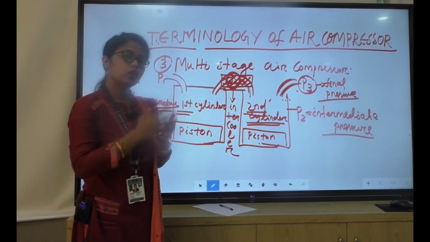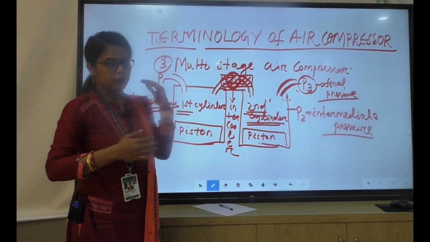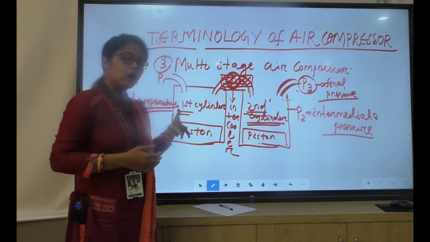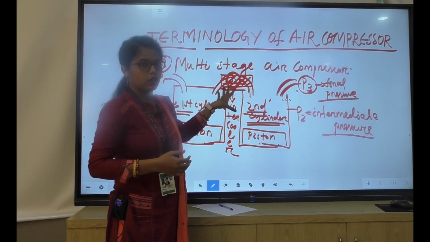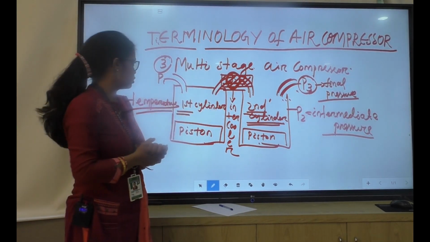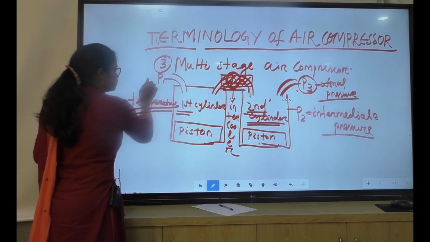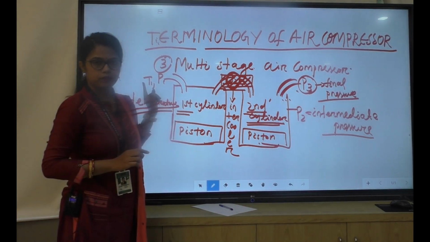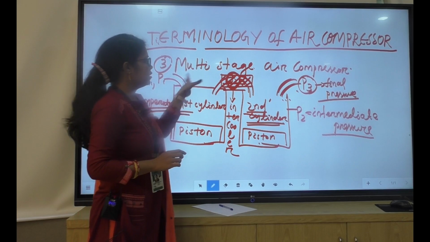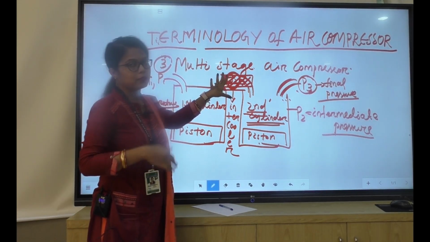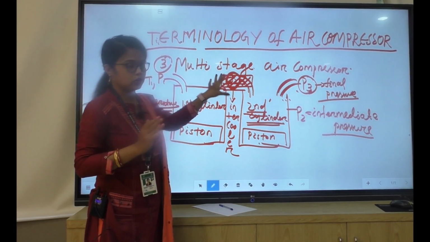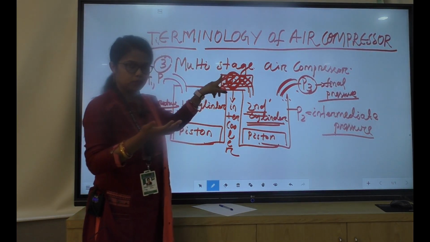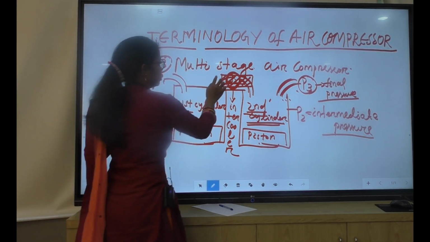The intercooler will reduce the temperature of the air which is coming out of the first cylinder up to a certain temperature. Suppose air is entering at T1 and P1. Clear? When the pressure increases up to P2, that means up to intermediate pressure, the temperature also increases up to a certain temperature, suppose T2.